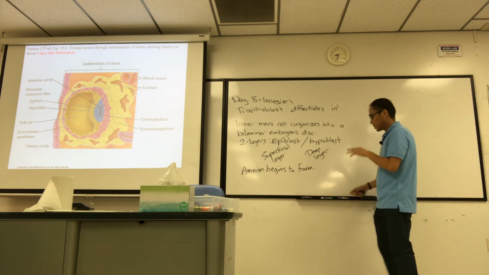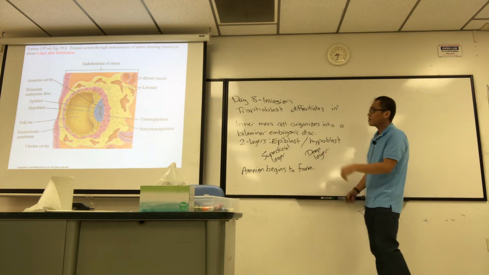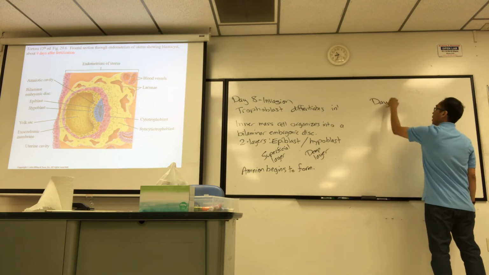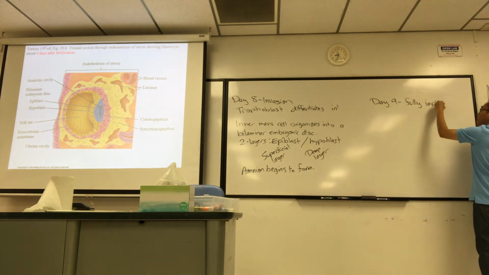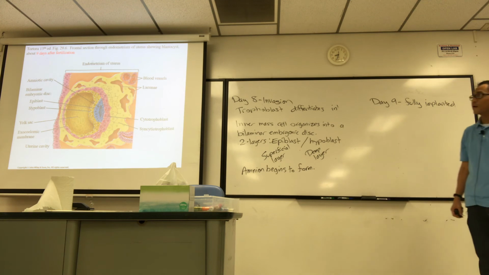Well, what did I say the goal is? Dig deep enough to make a blood vessel. We haven't done it yet. Holding our breath for 9 days. But we're fully implanted, so we're going to get there.